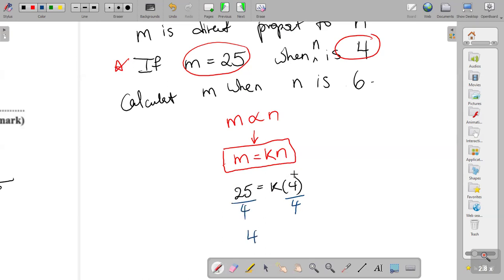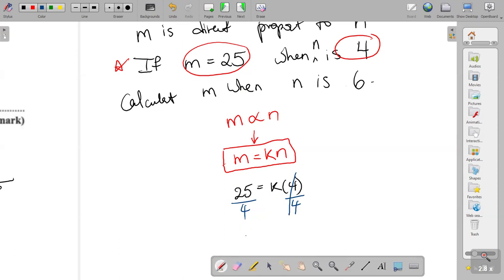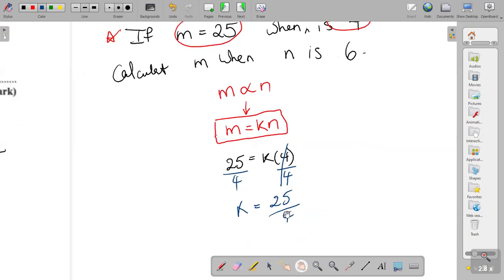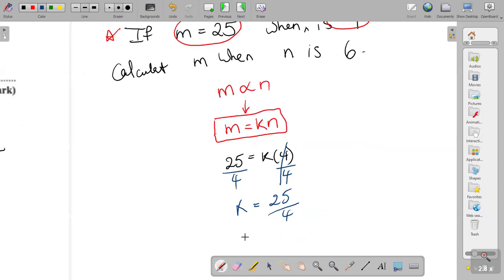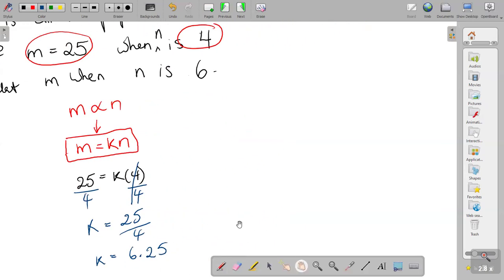So K, because this is going to cancel, is equal to 25 divided by 4. What is 25 divided by 4, somebody? 6.25. Everybody see how easy it was? Be honest. Is it hard?